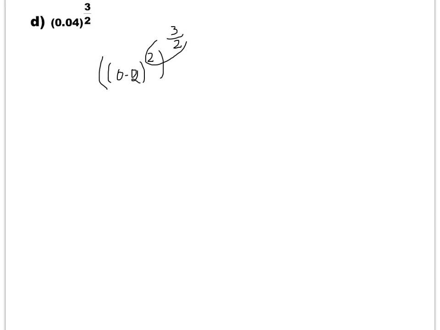Again, I multiply the exponents. I get this is equal to 0.2 exponent 2 times 3 over 2, which is going to give me 0.2 exponent 3, because 2 cancels with 2, and 0.2 exponent 3 is going to give me 0.008 when you use your calculator.